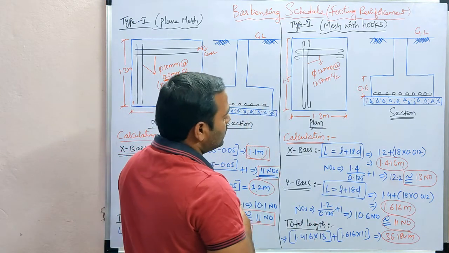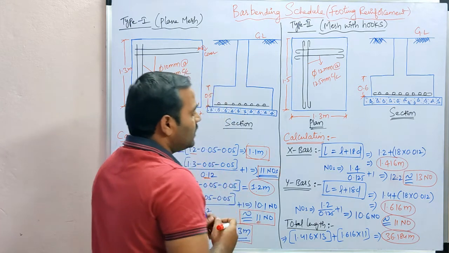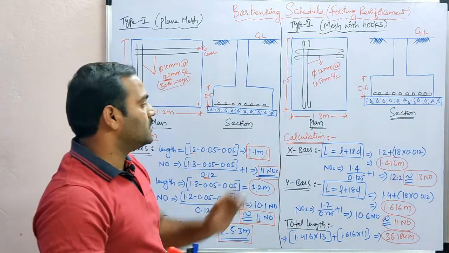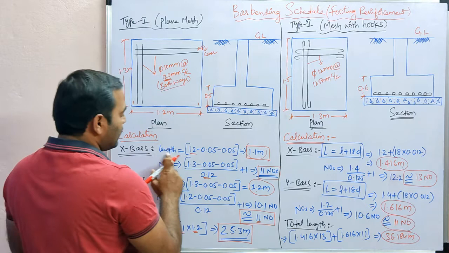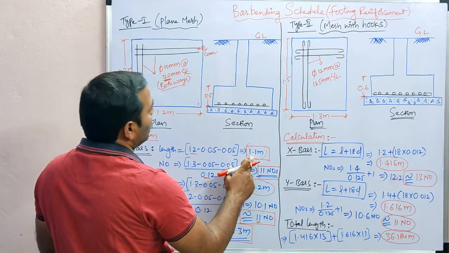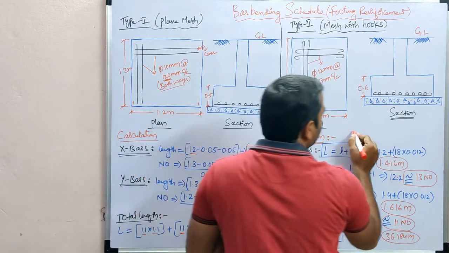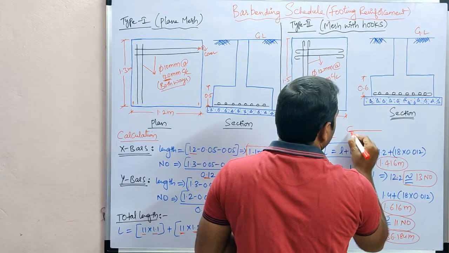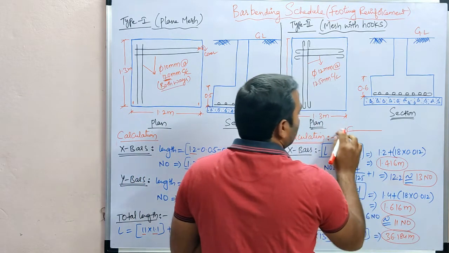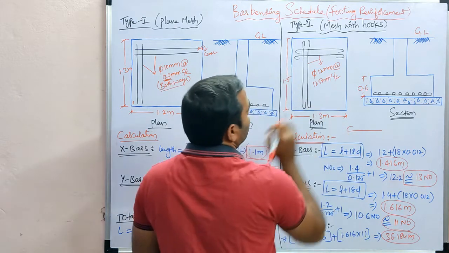Coming to the calculation, what is the difference between this one and that one? There, we directly calculated the length because there are no bends. In this case, you can see the bend here.